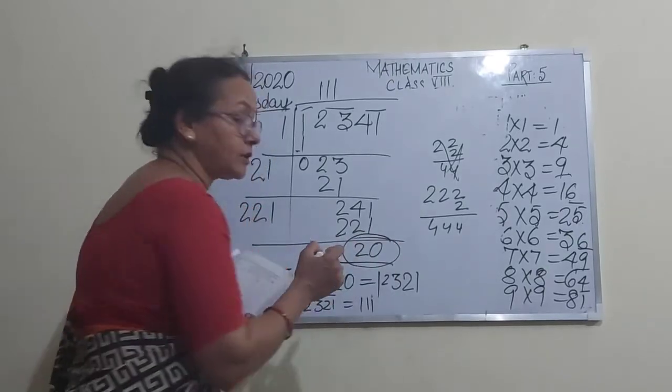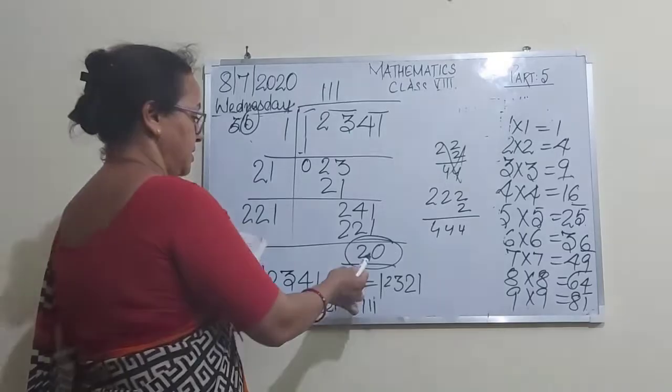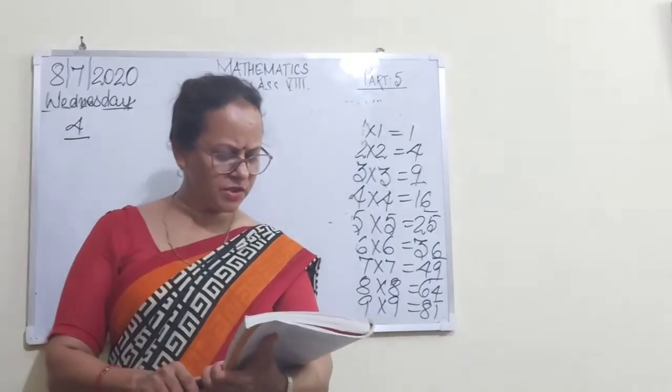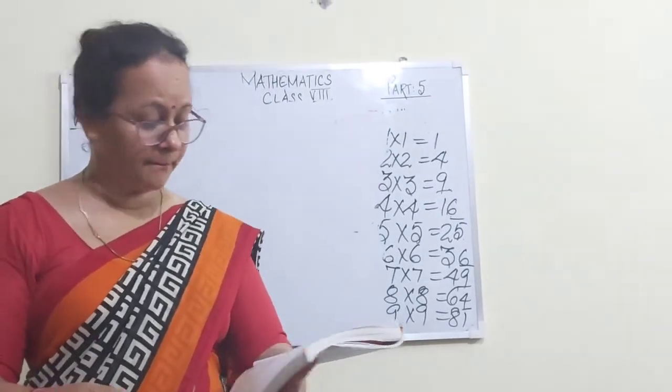You have to write down the complete language like the previous question by your own. This is, required number is 20. Now next question, this is the fourth question. Find the smallest 6-digit number which is a perfect square.